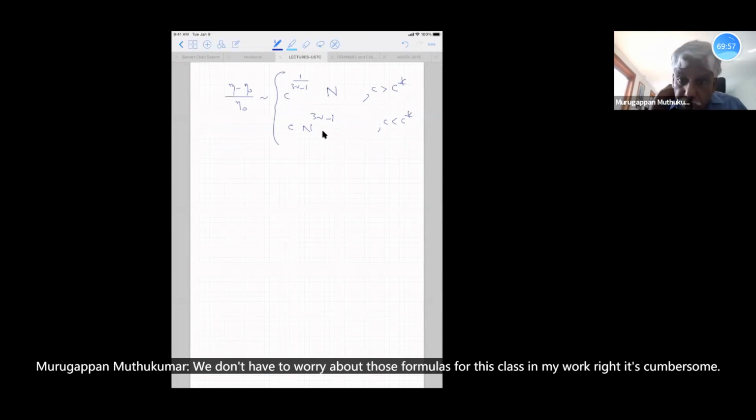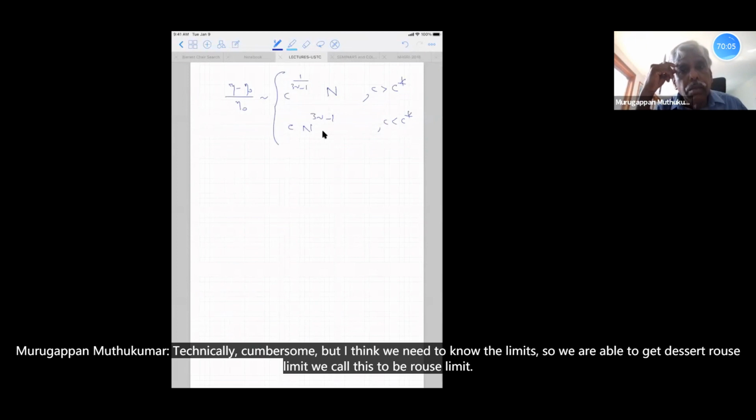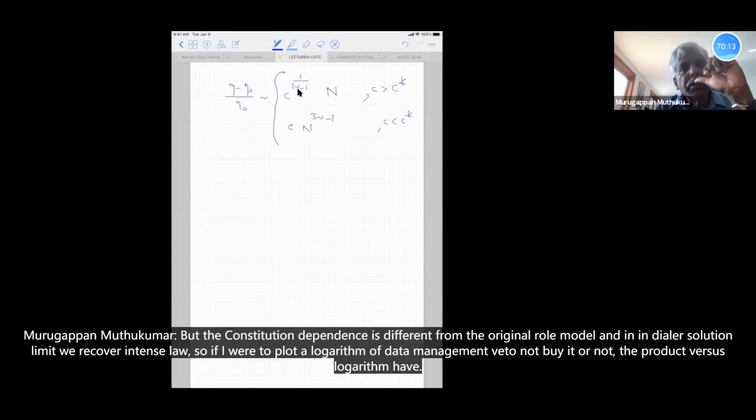We don't have to worry about those formulas for this class. It's technically cumbersome, but I think we need to know the limits. So we are able to get this Rouse limit. We call this the Rouse limit, but the concentration dependence is different from the original Rouse model. And in the dilute solution limit, we recover Einstein's law.